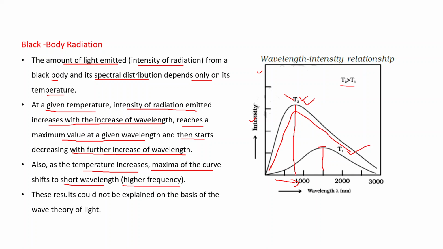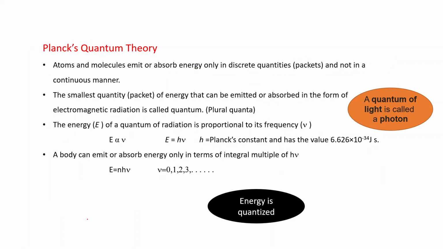Lower wavelength means higher frequency. These results could not be explained on the basis of the wave theory of light. Then another theory regarding light, Planck's quantum theory, came into existence.